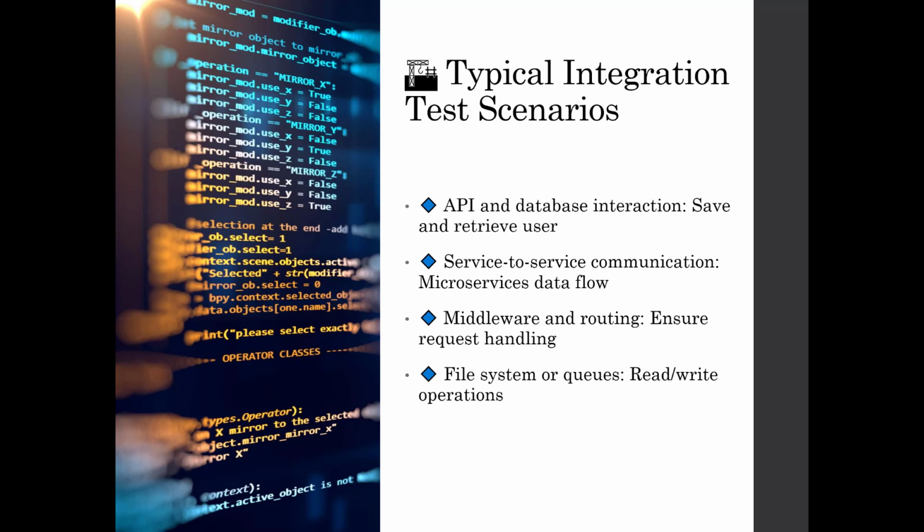Things like middleware and routing, ensuring that requests flow correctly through those different layers and that you don't have an endpoint issue or a routing issue. And then file system or message queues, verifying that files are saved or that messages are sent and received properly. So whenever there are multiple parts of the system that need to connect, that's a perfect spot for integration tests.